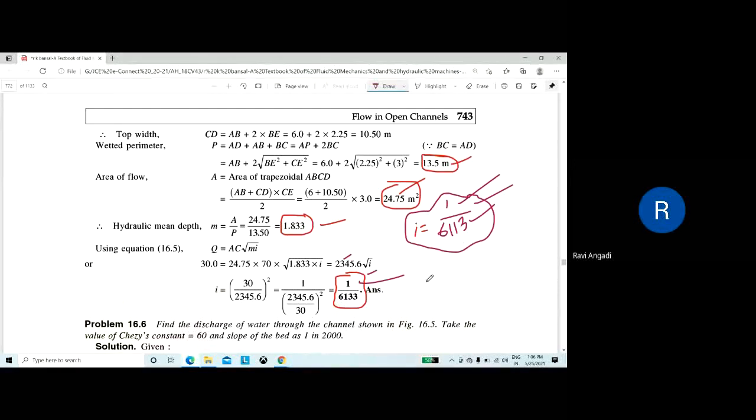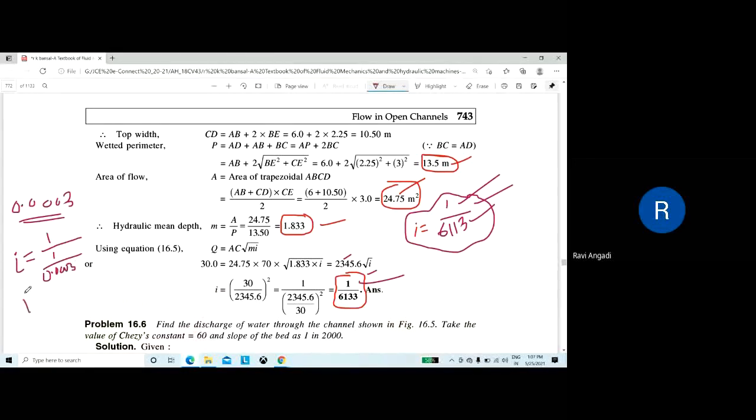See, suppose how to take this in a fraction. Suppose you get something like 0.0003 as the answer for I, right? How do you write this? You always write 1 in the numerator, then divided by that value, 1 divided by 0.0003.